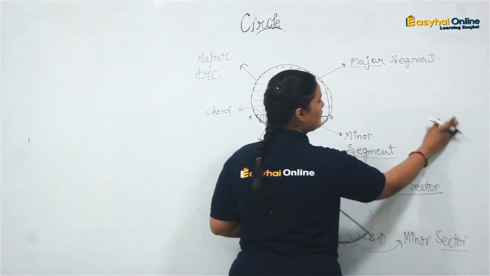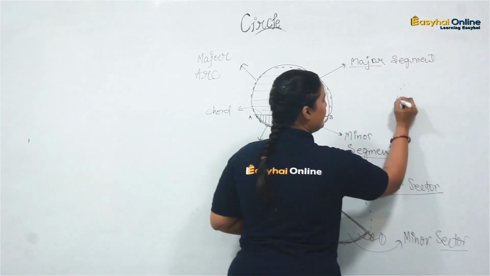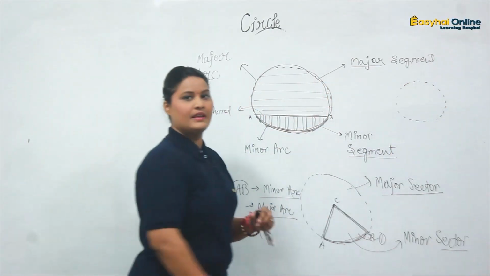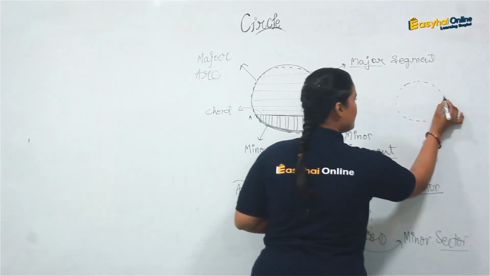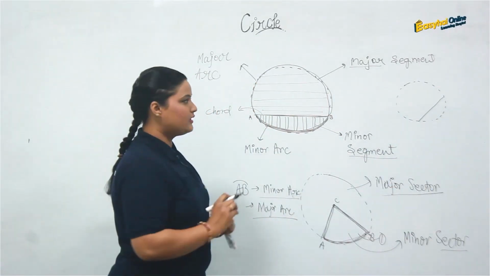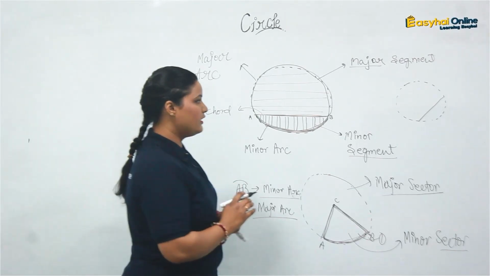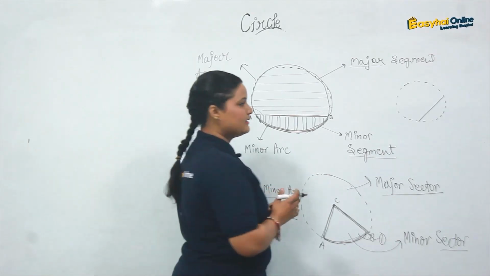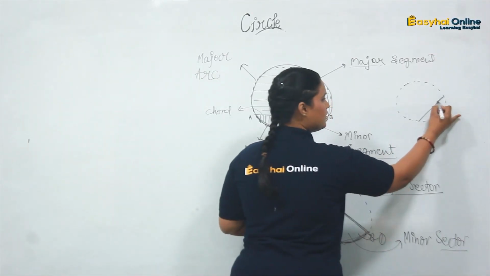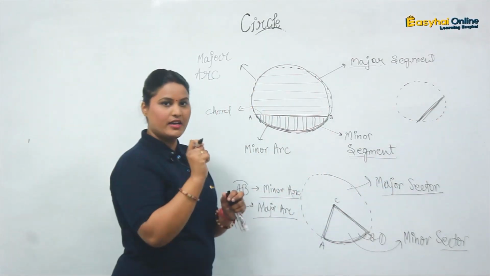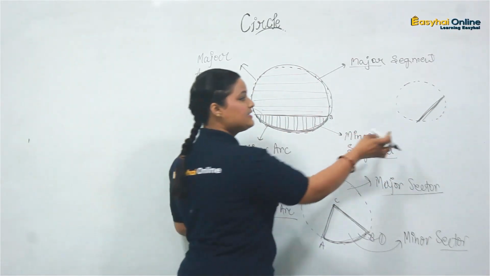Secant is something like, if this is a circle and this is a chord. This is a very important thing. Look at it carefully, otherwise you will forget it. What is the difference between a chord and a secant? A chord is a line which connects two points of the circle inside the circle.